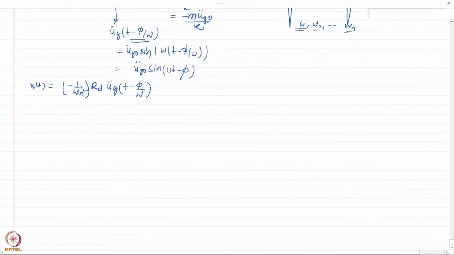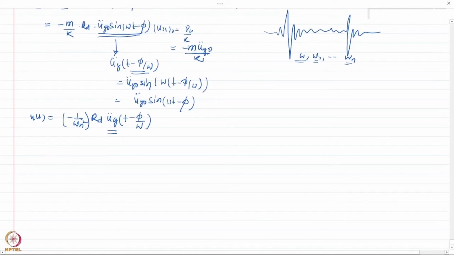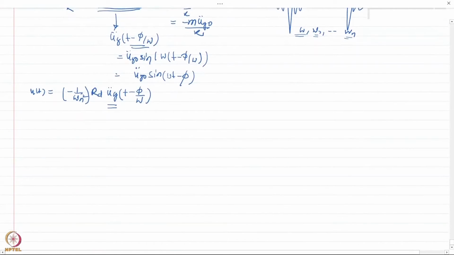All right, now if you look at this expression carefully, this is what we want to measure, isn't it? We want to measure whatever excitation the support is going through. So the question is, how do we do that?